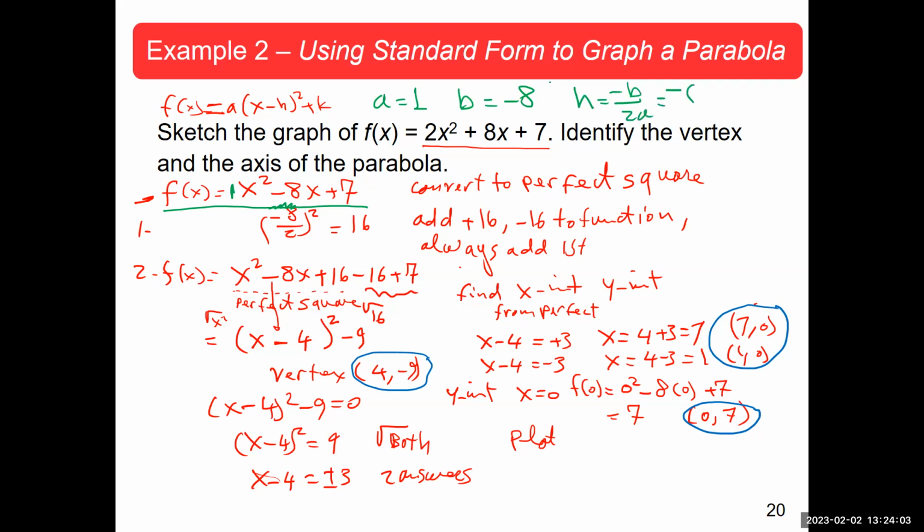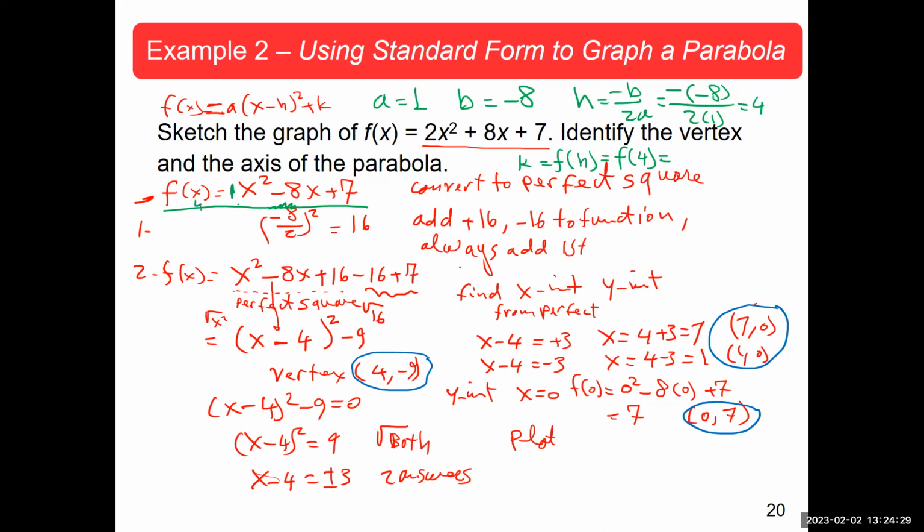Negative, how much is b? It is negative 8. Be careful with the sign. Over 2 multiplied by 1, that will give me positive 4. How much is k? We said k is equal to f(h), which is f(4). We have to plug the 4 in here.